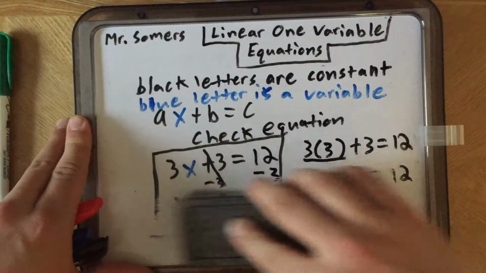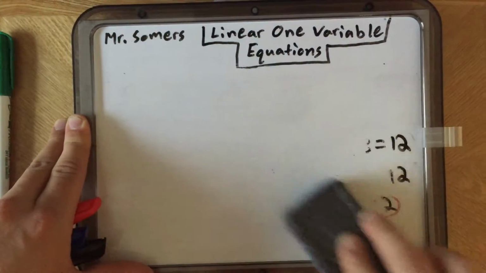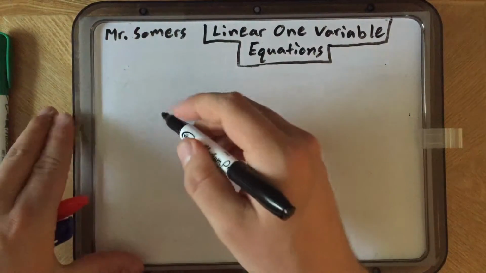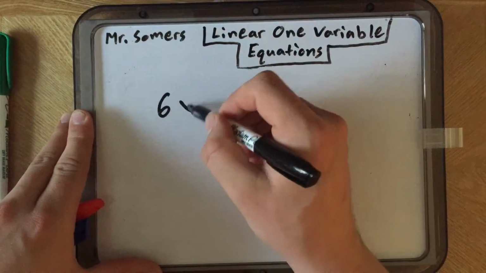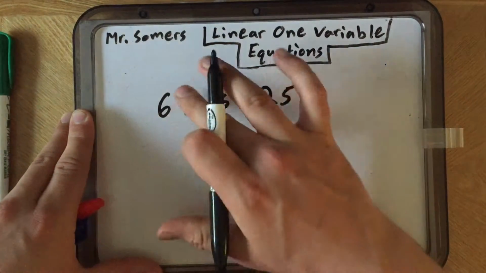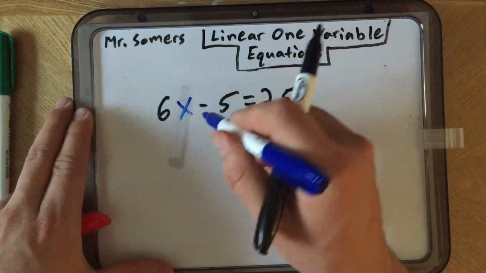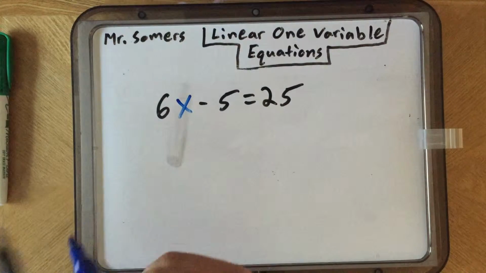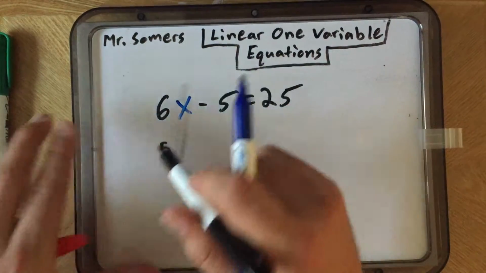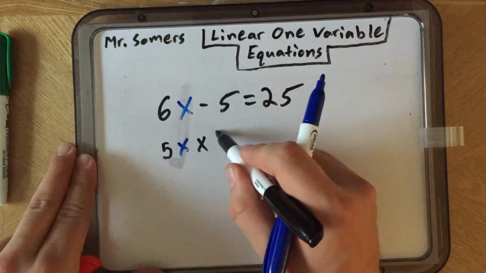So what I want you guys to do is copy down these few problems, and go over them on your own. We have 6x minus 5 equals 25, and we'll set the x, because that's our variable, and the variable is going to be blue. That's problem number 1. Then 5x times 3 equals 15.